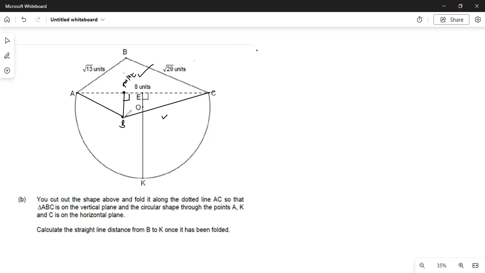We need that height. In order for us to get that height, first let's get this angle. You can see there's that angle, depending on what makes sense to you.